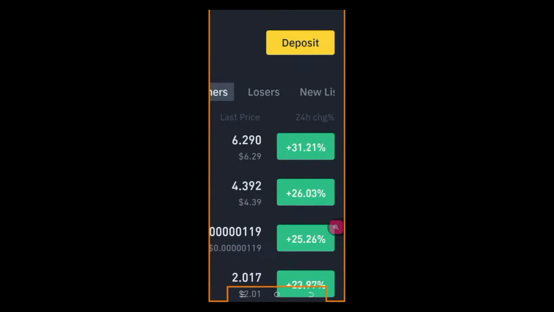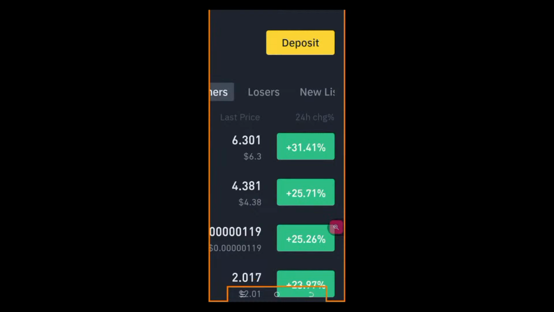When you see that a coin is already plus 31.21%, and this was just within the 24 hours time frame, it means that at least it would not fall below 15%. There's no way within the next 24 hours that it will totally go flat.